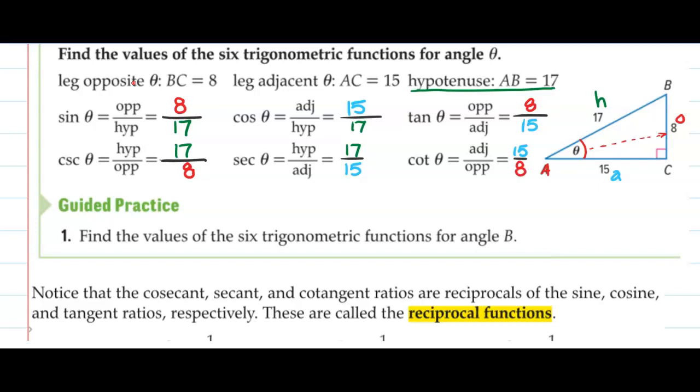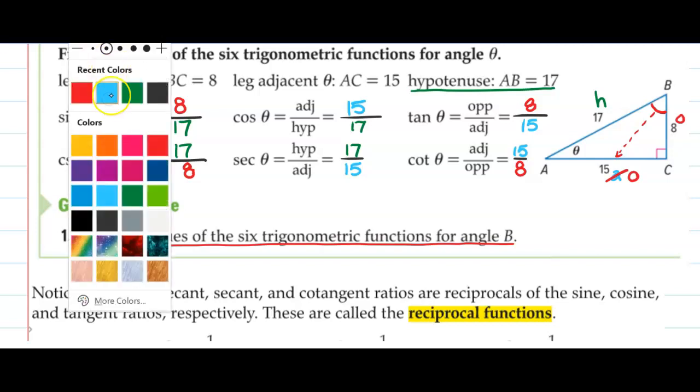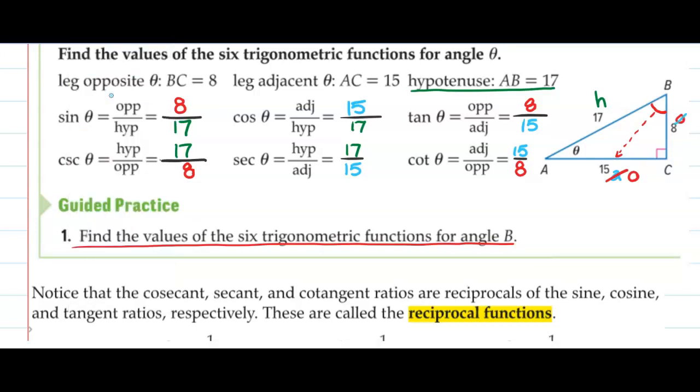Now, the next problem asks you to find the values of the six trig functions for angle B. If I'm looking at angle B instead of angle A, now this is the acute angle that I'm referencing. If I go across the triangle, this side is now the opposite, leaving the side with length 8 to be the adjacent.